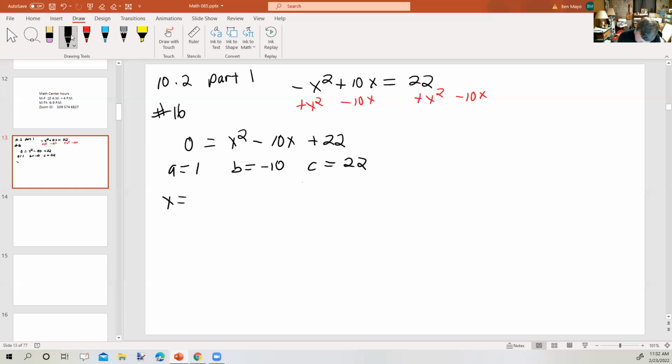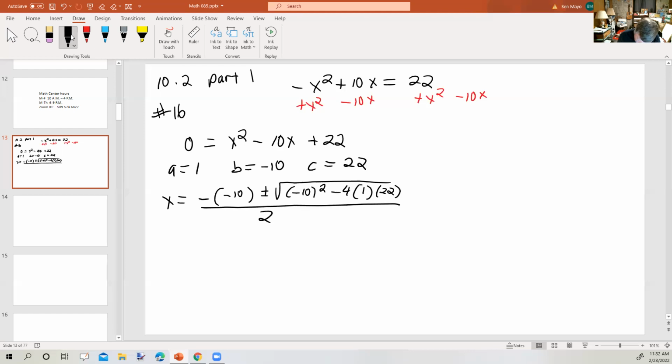So x equals negative b plus or minus the square root of b squared minus 4ac all over 2a. I want to point out that the -10 inside the radical has parentheses around it. I'm squaring -10. It's not the negative of 10 squared, it's (-10) squared, right?